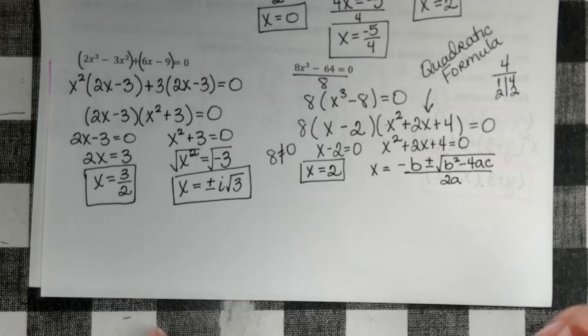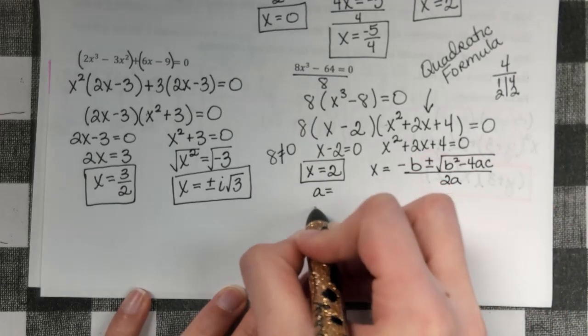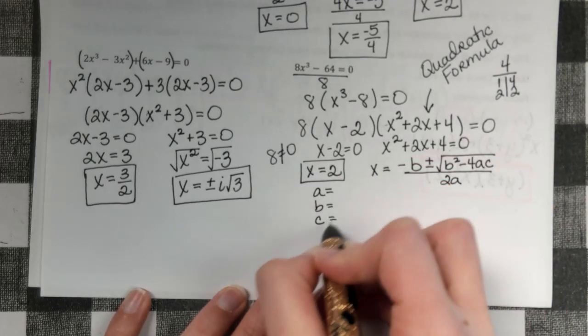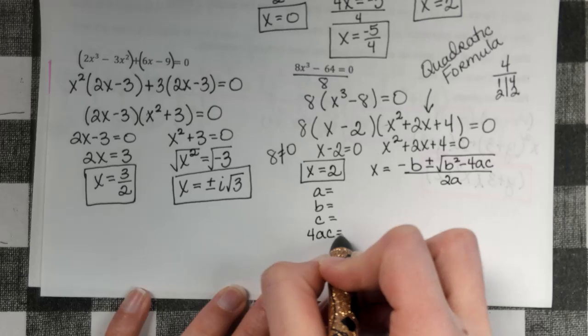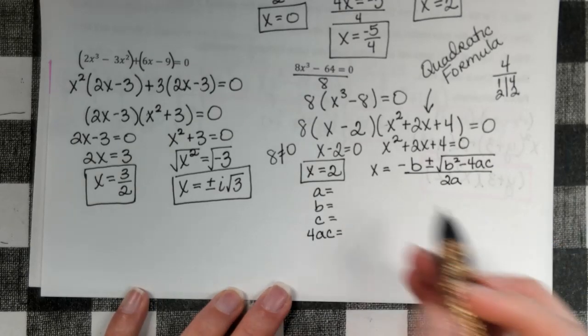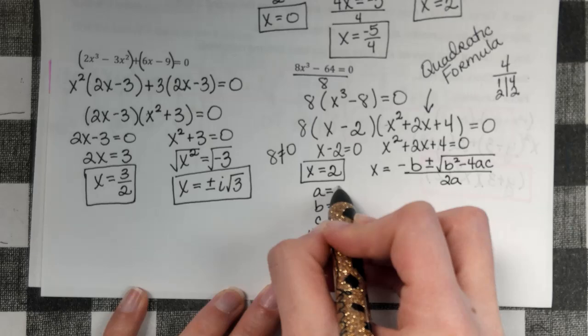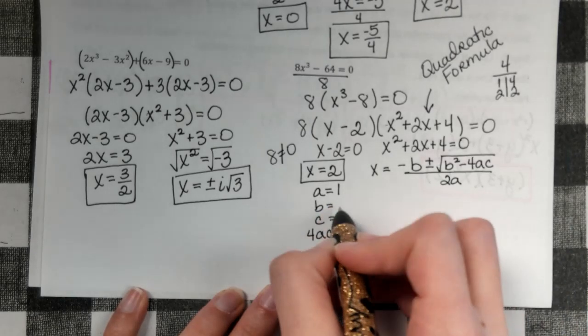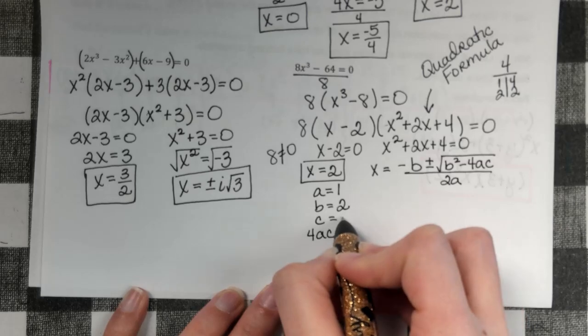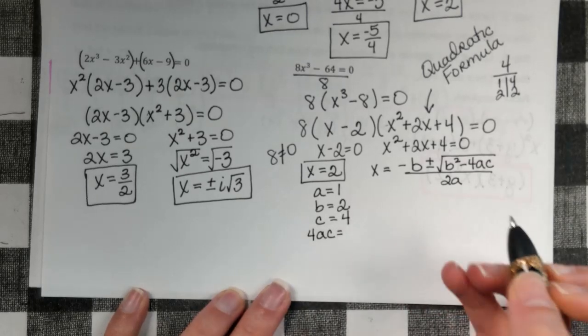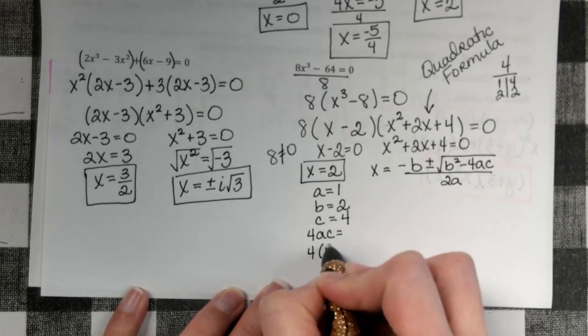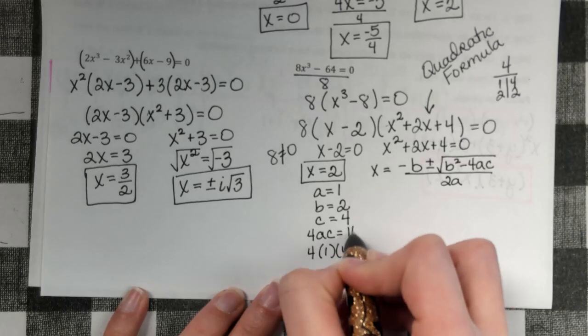Okay? So this is where we did our A, B, C, and 4ac. Y'all remember that? Hopefully. My A is what? X. So my coefficient is 1. My B is 2, my C is 4, so 4 times 1 times 4 is 16.